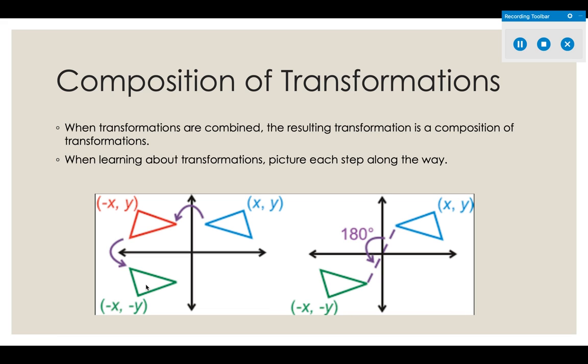So this is a composition of transformations because it is more than one transformation. And here you can see that any composition of transformations can be simplified and written in a different way. So on this side, we see the blue triangle go directly to the green triangle, and it's by rotation of 180 degrees.